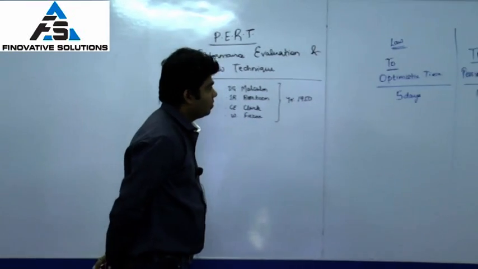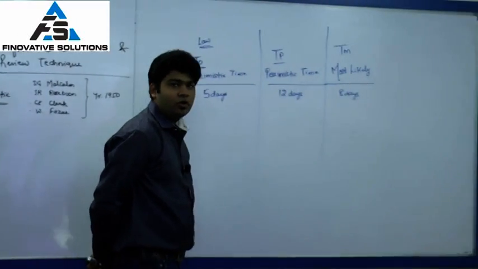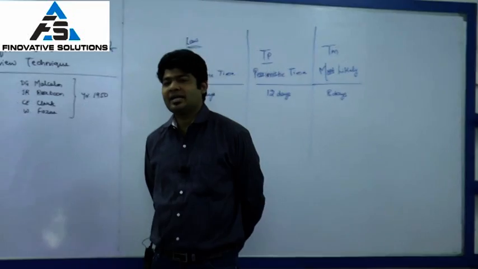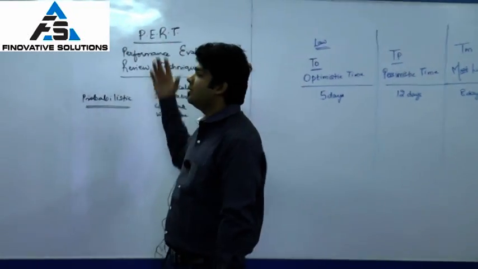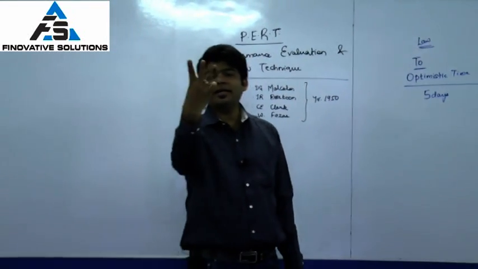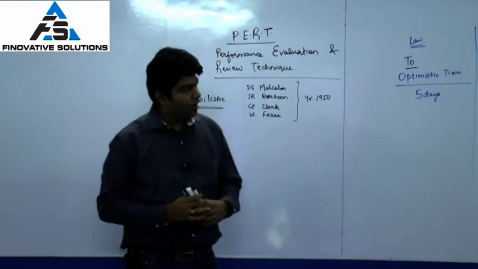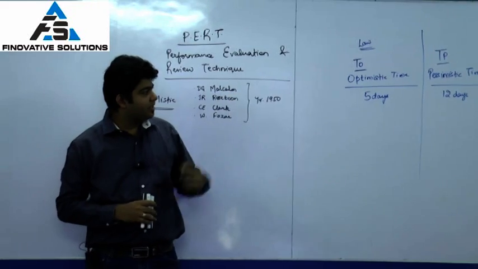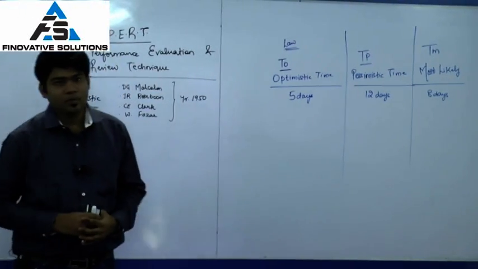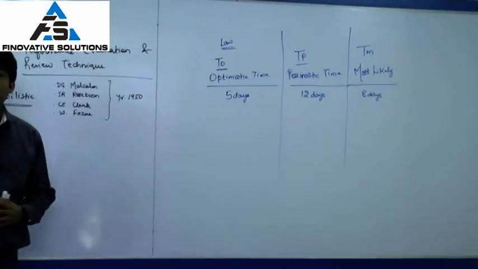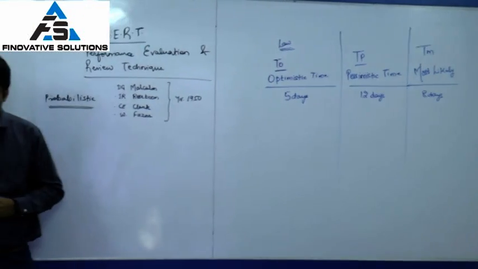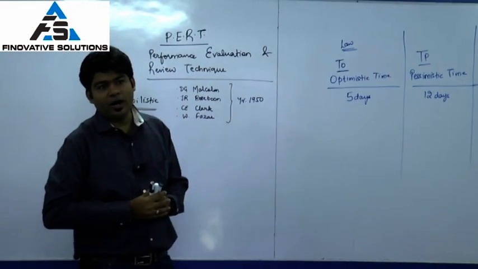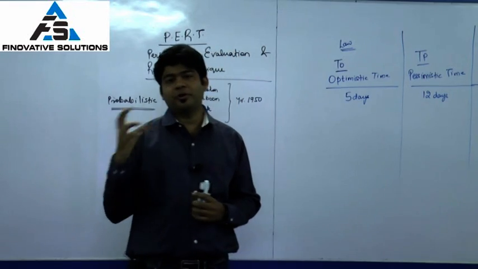Right then, so we understand that in order to complete a particular activity, as far as PERT is concerned, there will be 3 time estimates available with me. One, TO, optimistic time. Second, TP, pessimistic time. Third, TM, most likely. Unlike CPM, where there was only one time duration given for a particular activity.